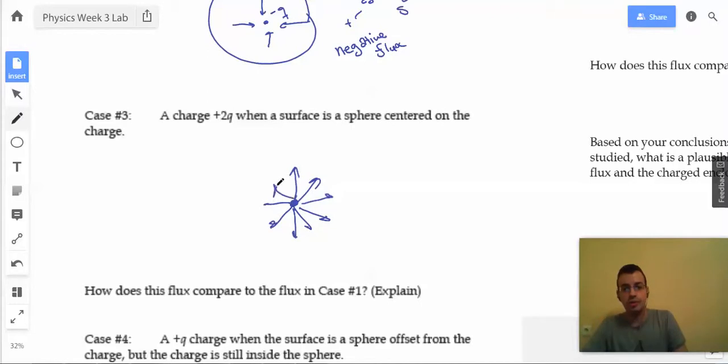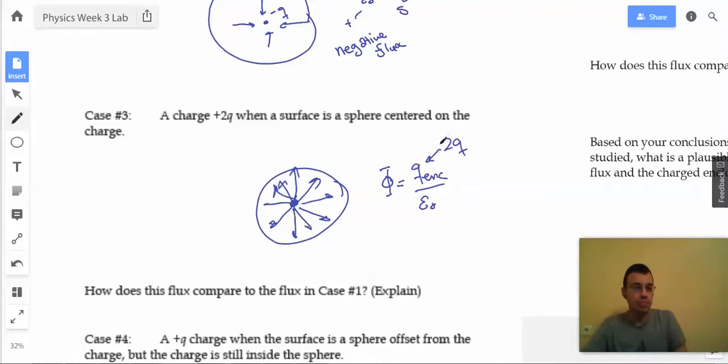So flux equals q enclosed over epsilon naught, but now this q is going to be plus 2q. So it's going to be exactly the same as the first one, positive, except the flux will be twice as much.